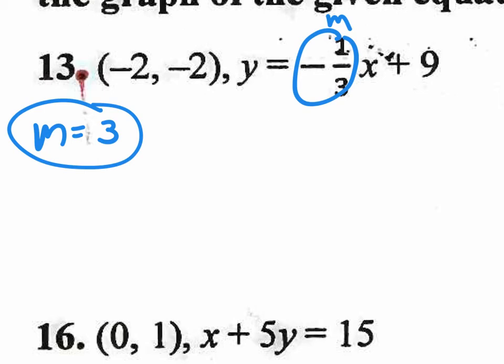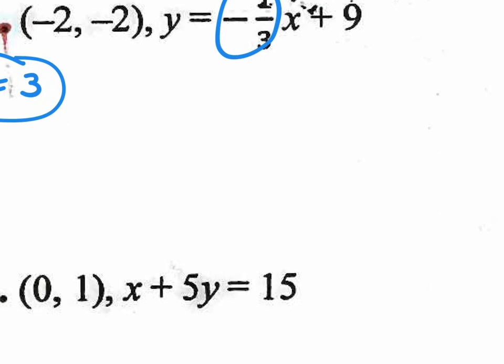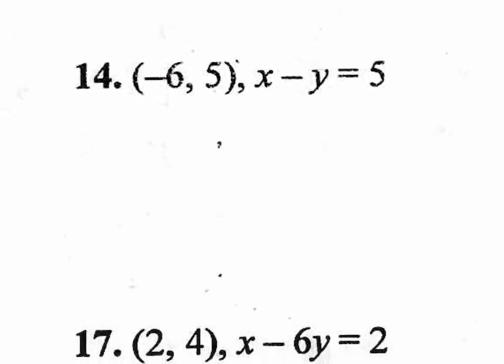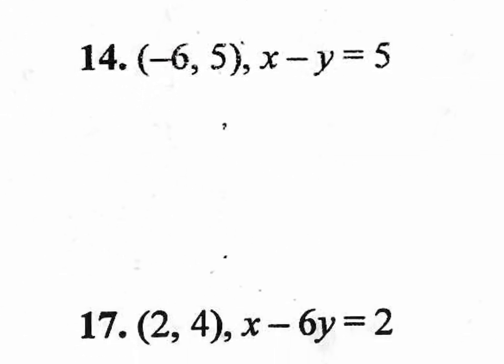Now, the problem is, if you look at number 14, and I asked you, well, this equation, what's the slope of this equation? Could you see it yet? No, because it's in standard form, right? You need it in slope-intercept form, so you need to do some math first. So what would I have to do?